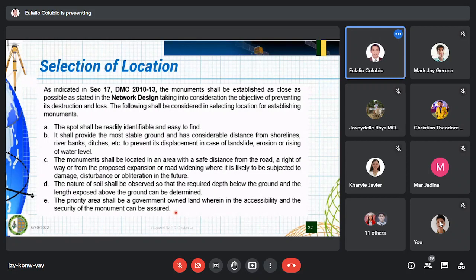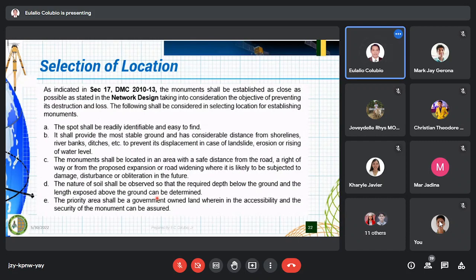So, if maghimo mo ani nga mga stations, it should be located at the government-owned property. Okay? Wherein the accessibility and the security of the monument can be assured. Nga dapat nasa government nga owned land.